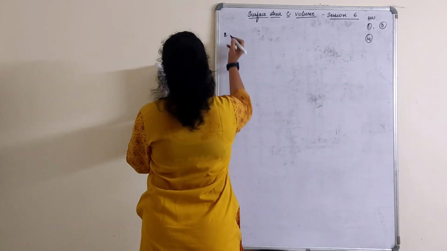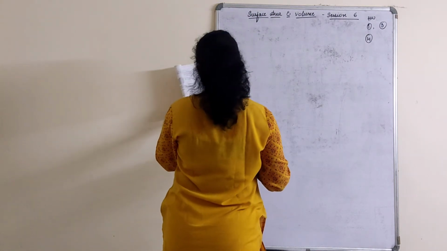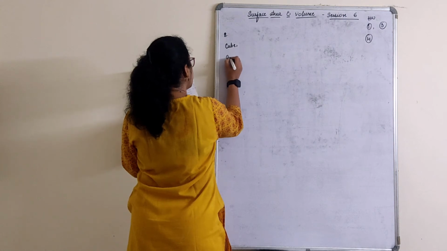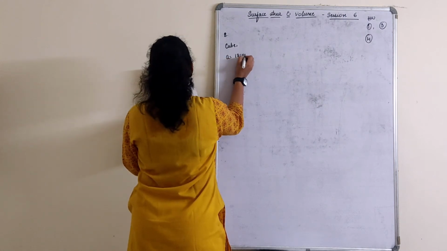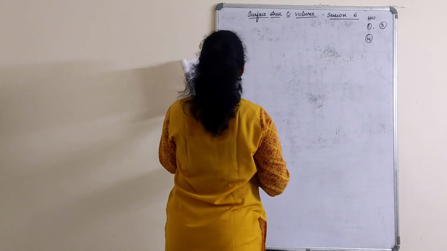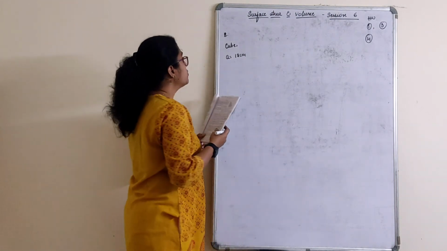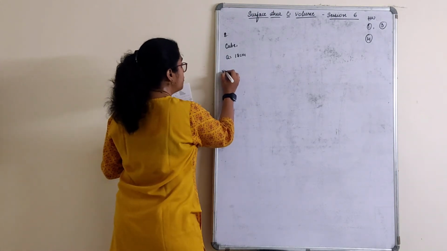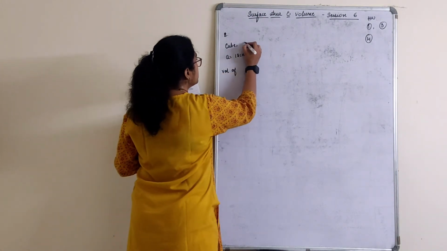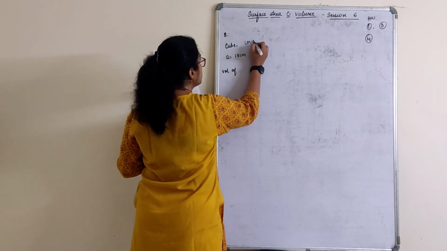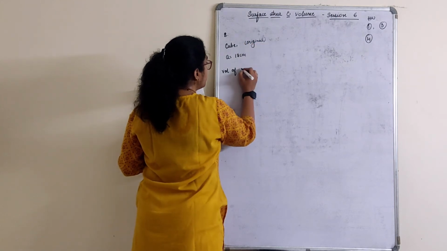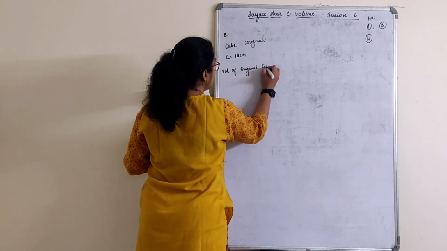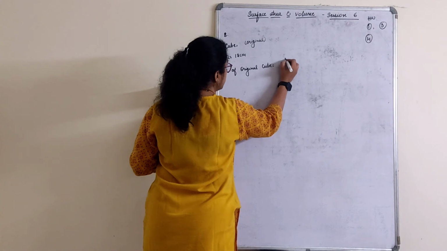Eighth one: a solid cube of side 12 centimeter is cut into 8 cubes of equal volume. So volume of the original cube is nothing but side cube.